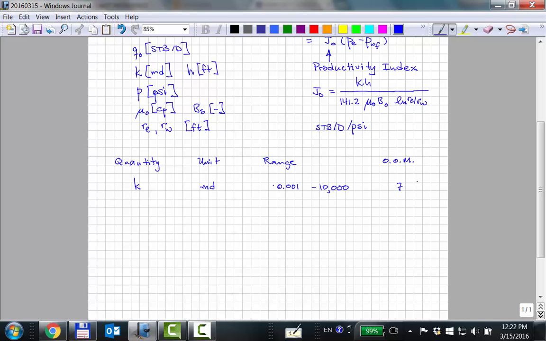But the shale gas in particular in the United States that's being developed is on the range of 10 nanodarcies. Okay, 10 nanodarcies is 10 times 10 to the minus 6 millidarcies. Well, we're going from millidarcy to nanodarcy, so 10 to the minus 3 to 10 to the minus 6.